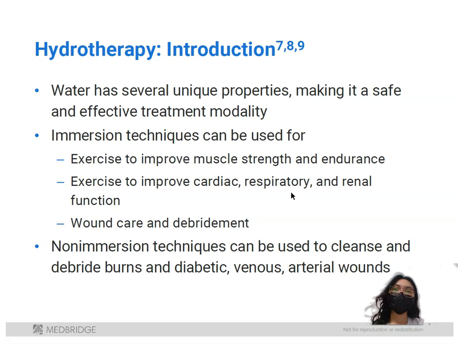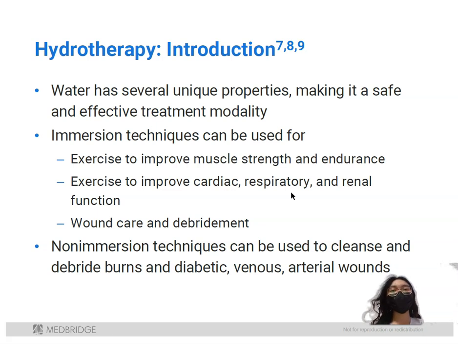It is also used for wound care and debridement. Although for wound care, medyo mas naglilin na tayo recently sa non-immersion technique because of the issues of contamination and risk of infection.